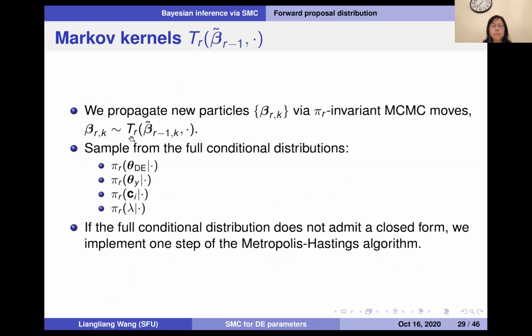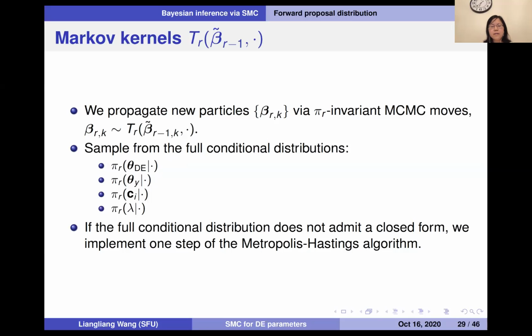In our notation, that corresponds to capital T sub r in the algorithm. To be more specific, we can look at the full conditional distribution for each of these parameters given the other parameters to see whether it has a closed form or not.